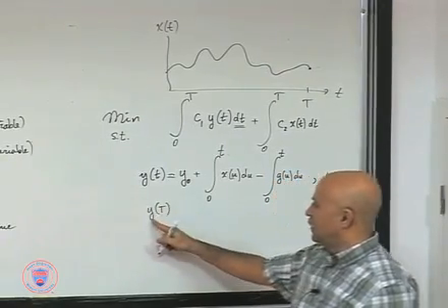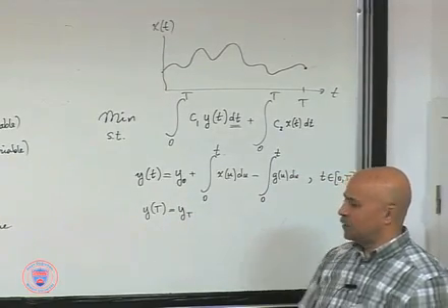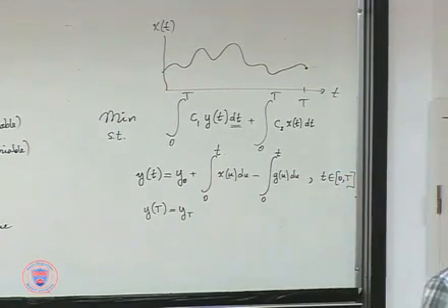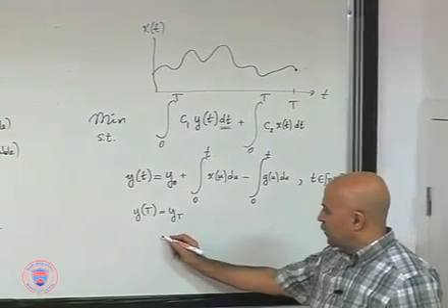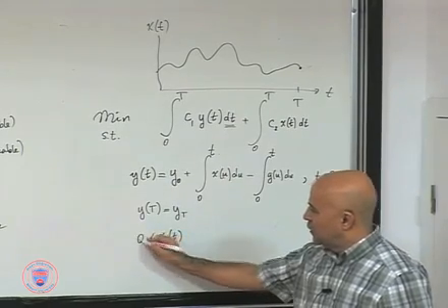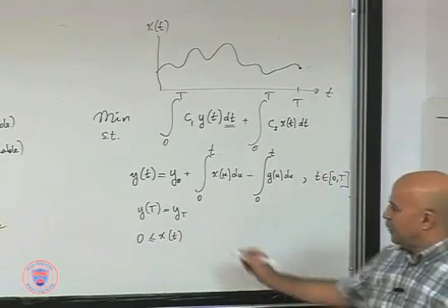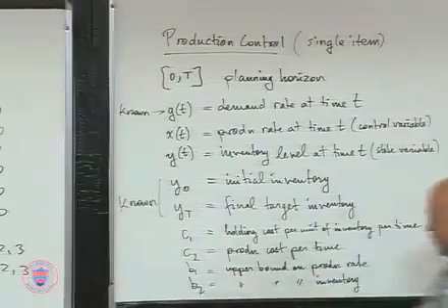All right, what is the target inventory? That's the inventory at time T. We want that to be equal to the target inventory, whatever it is. That's a simple constraint. And then we want x of t to be greater than or equal to 0, but never exceeding B1.